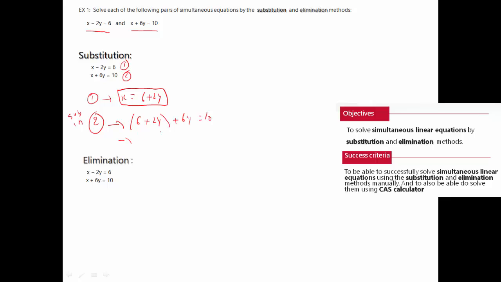So 8y plus 6 equals 10, which means 8y equals 10 minus 6, which is 4. So y equals 4 over 8, which simplified by 4 is a half. So y equals half. Let's call that equation number 3.